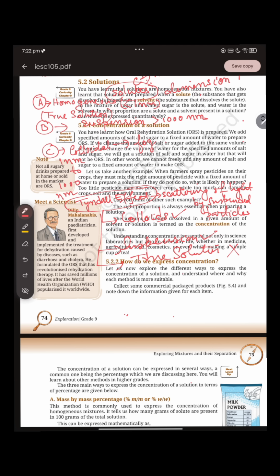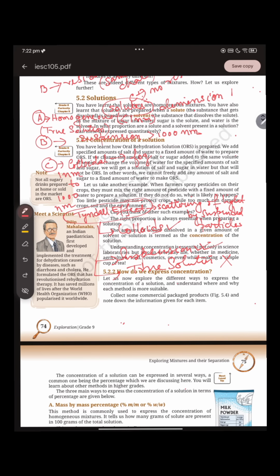But the colloidal particles are large enough to scatter light, and so they show Tyndall effect. But keep in mind, the particles in suspension will scatter light more. It will show more Tyndall effect than colloids, right?